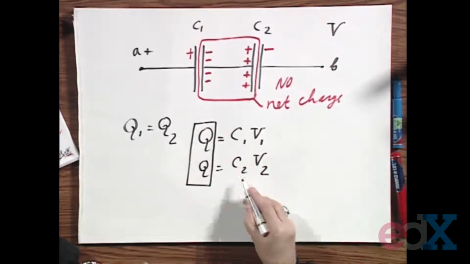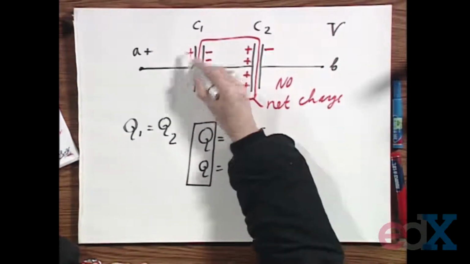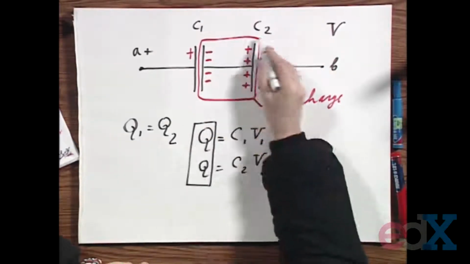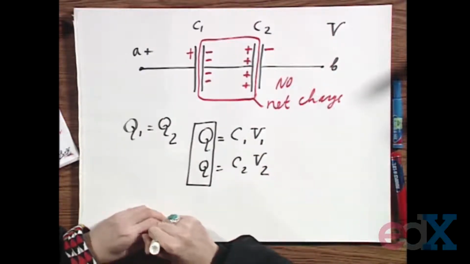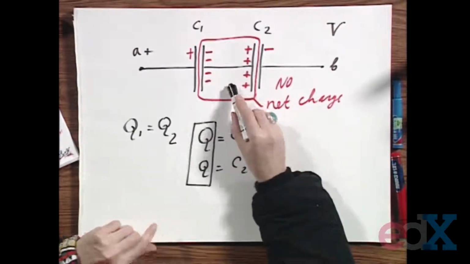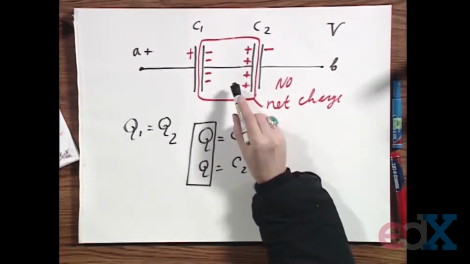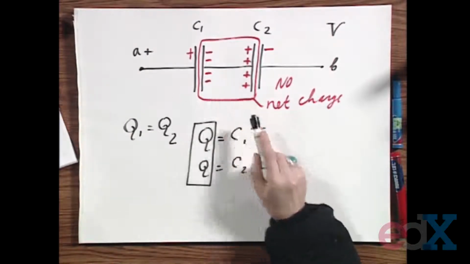And so now, as you can see, since C1 is not the same as C2, the potential difference over C1, which is V1, will be different from the potential difference over C2. So here, essential is that the Q is the same in each case, but not the potential difference.